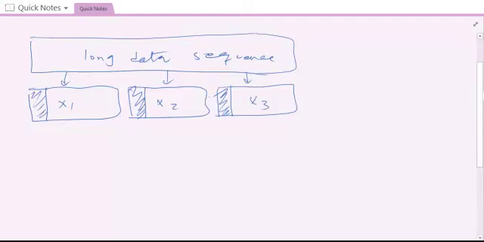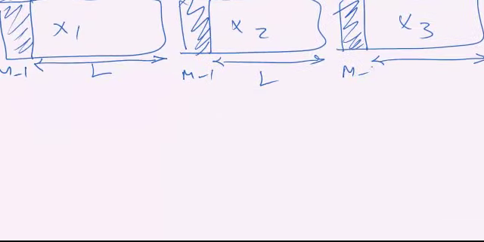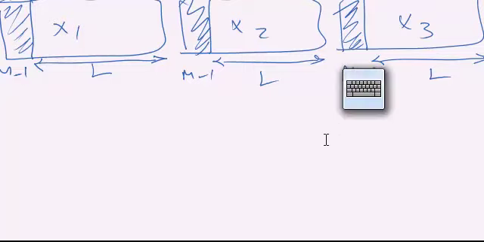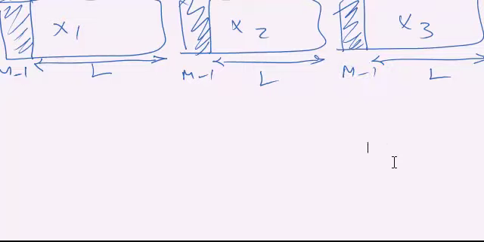So let's say the length of each block is L, then you add m-1 zeros to the beginning of each block. So basically the length of the whole block at each instance is going to be L plus m minus 1, which is the size of the FFT. Then we are going to take the FFT of each block.